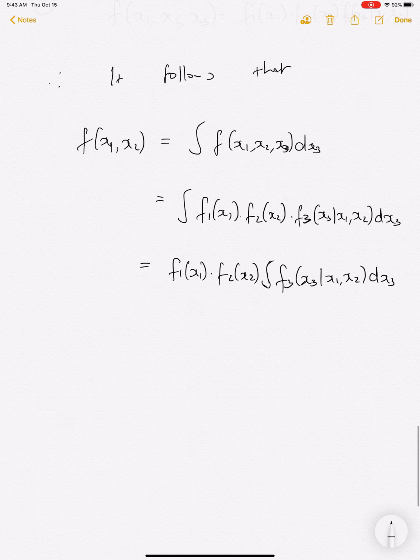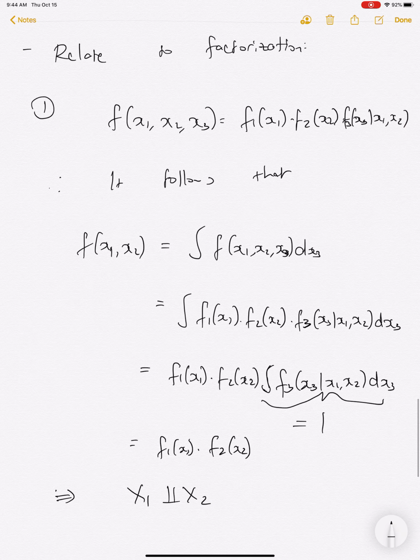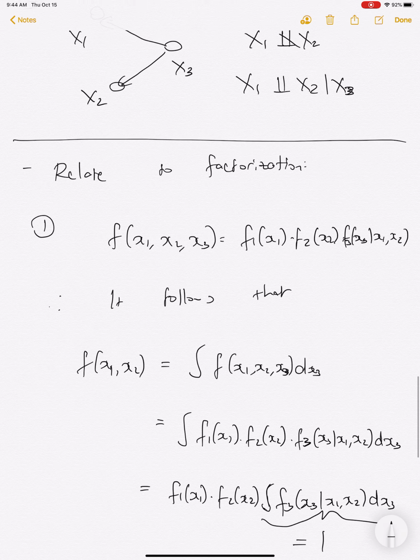And this whole thing is equal to 1 because we're just integrating a conditional distribution over the distribution that you're looking at. And so then this is just equal to f1 of x1, f2 of x2. Which implies that x1 is independent of x2 by the definition of independence that we're used to seeing.